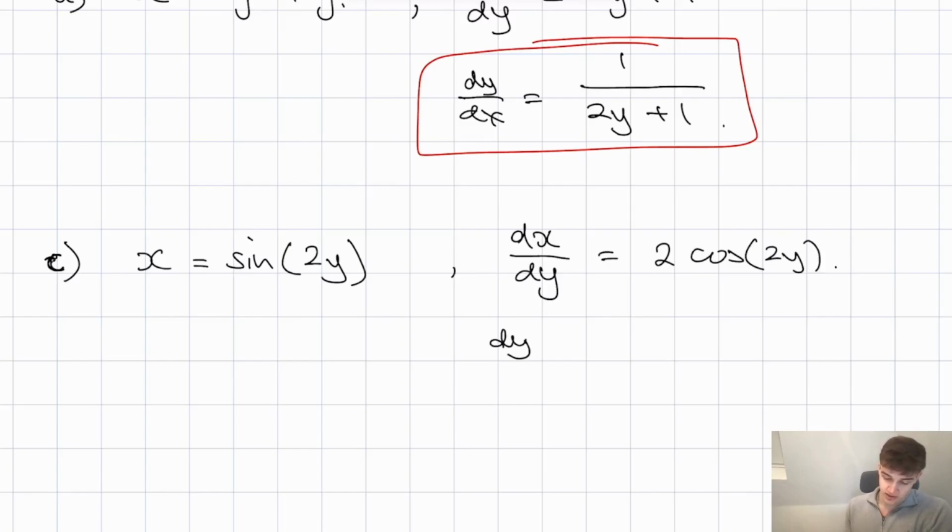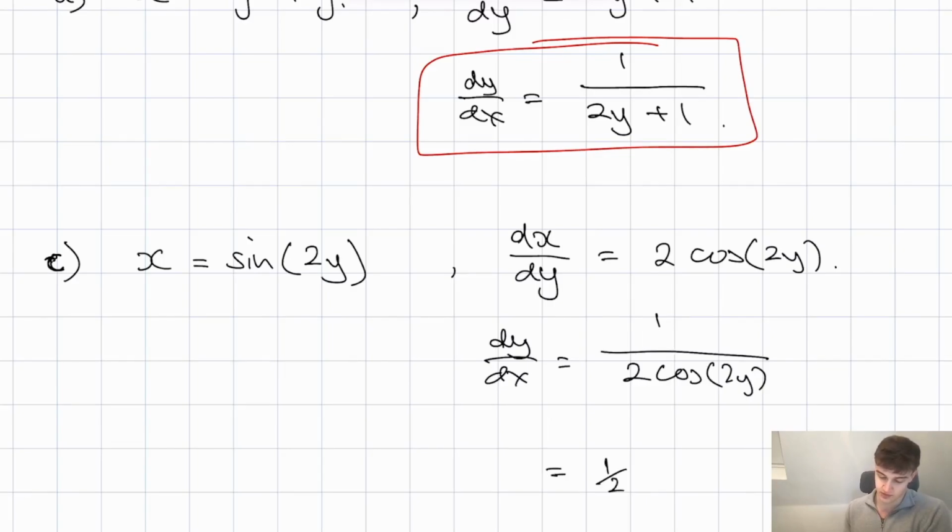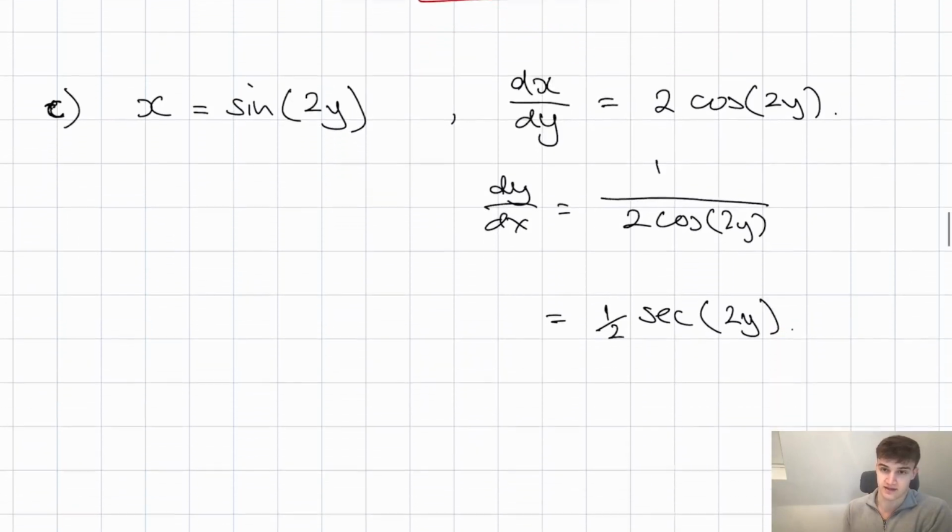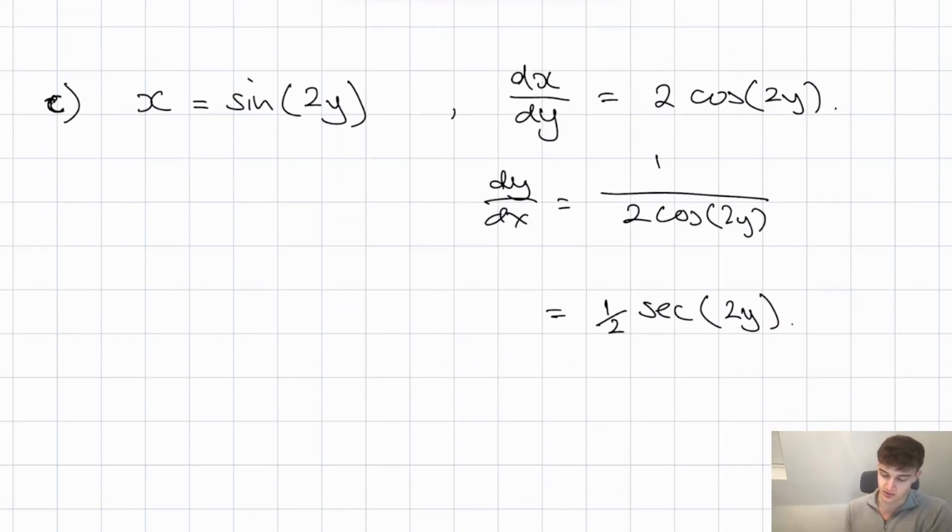Which means dy by dx is 1 over that, so it's going to be 1 over 2 cos of 2y. And if you want to write it in a nicer form, you can do a half sec of 2y. In an exam, it would probably tell you how they want it, but this is slightly cleaner.